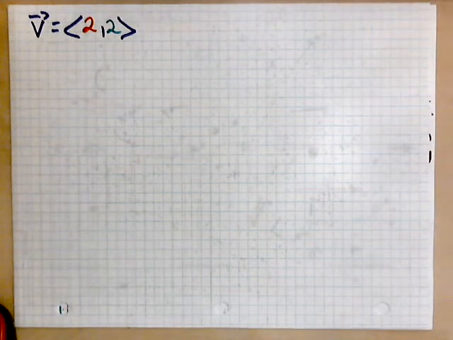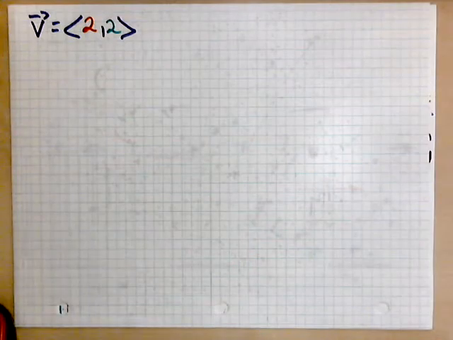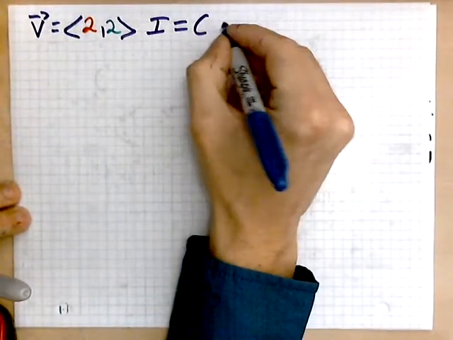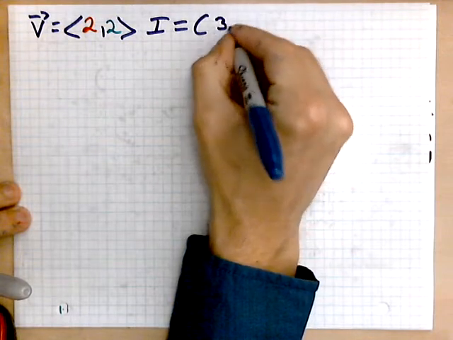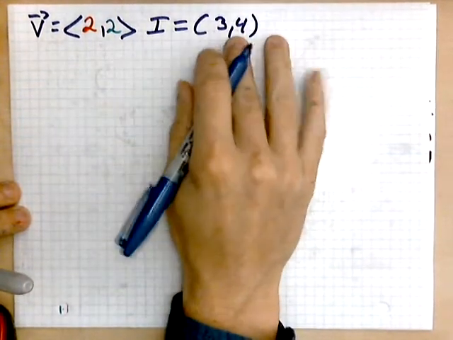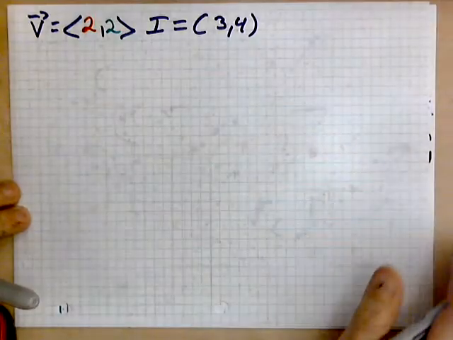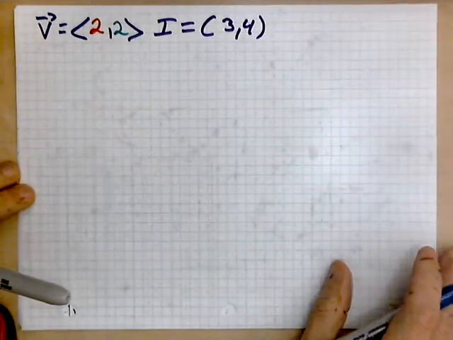Alright, so once you have this, then you're also told that there's some point I will call I, and let's say that point is, for the sake of simplicity, 3, 4. So this is the initial point. These are the components of a vector, and now you've got to get to the terminal point using this information.